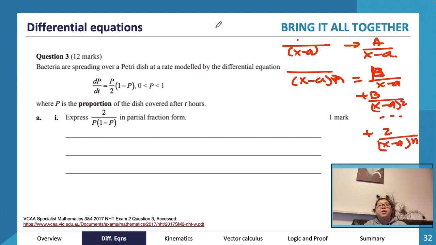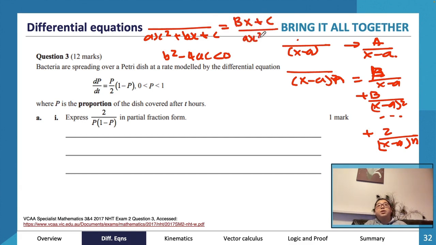And then the last one is if you have ax squared plus bx plus c where b squared minus 4ac is smaller than 0, so the discriminant is smaller than 0. In that case, you're going to have (Bx plus C) over (ax squared plus bx plus c). So those are the components, and you do a bit of a jigsaw thing.